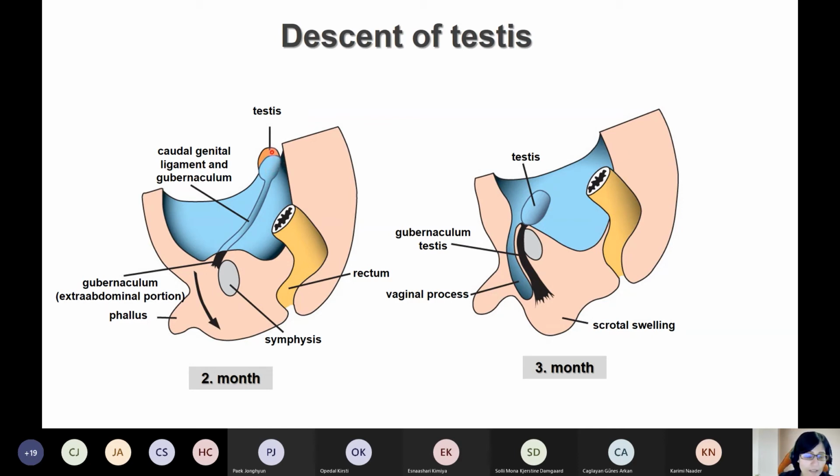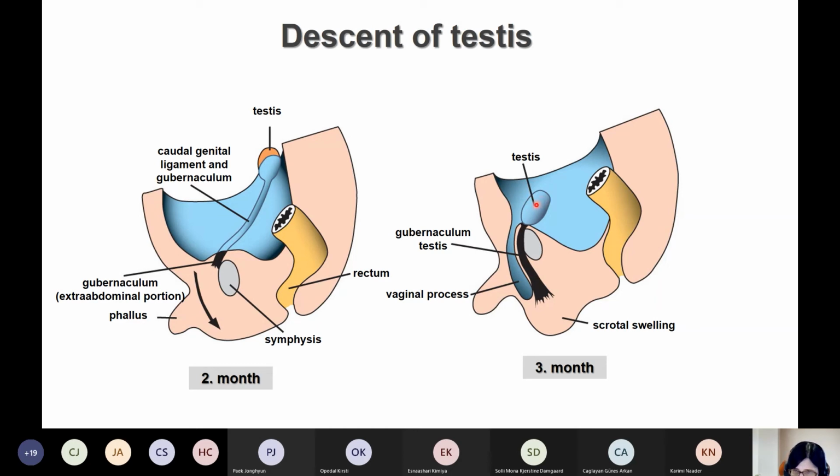Then the testis should descend, of course. Until the 12th week, nothing happens, and then already in the 12th week, the testis is in the inguinal region, before it should be above. So here in the lumbar region. So we are already in the 3rd month, and the testis is found here.